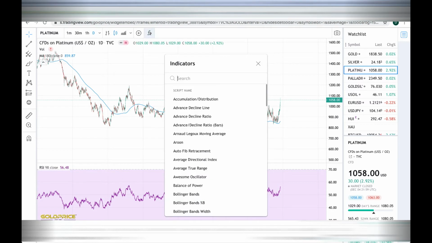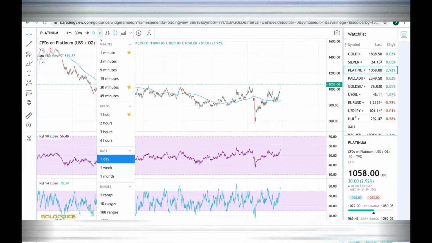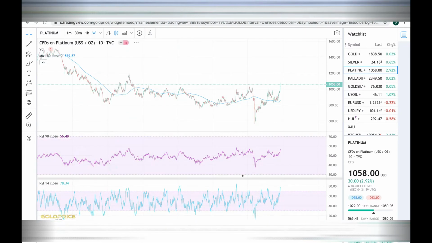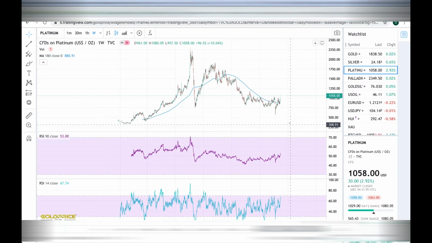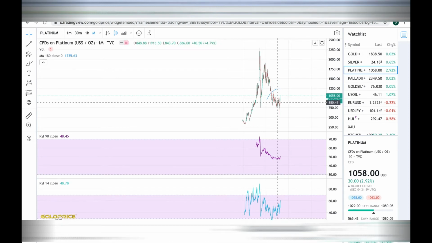Let's see the RSI, Relative Strength Index, and let's look at weekly. Or we can look at monthly. I would say it was around 700, 800, 700. It was pretty good points to buy.